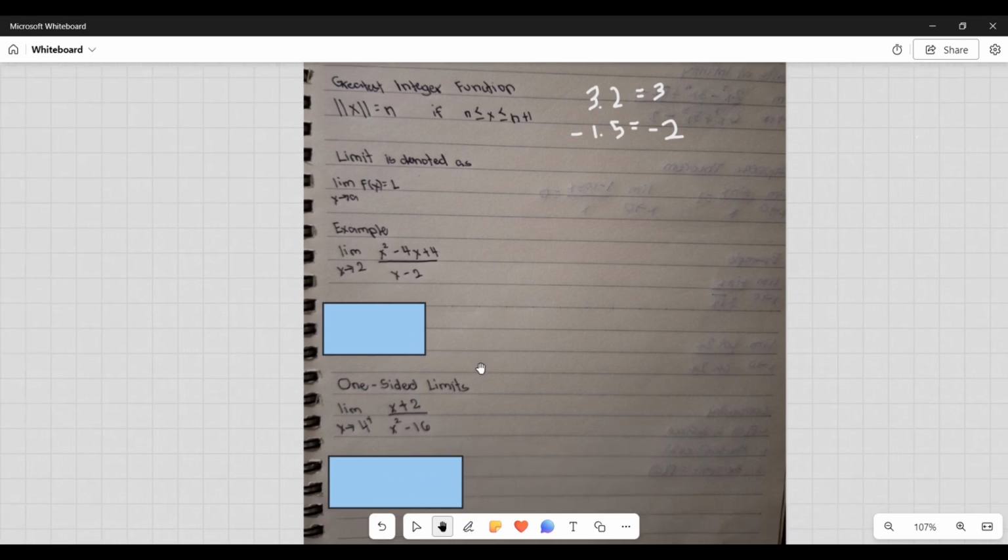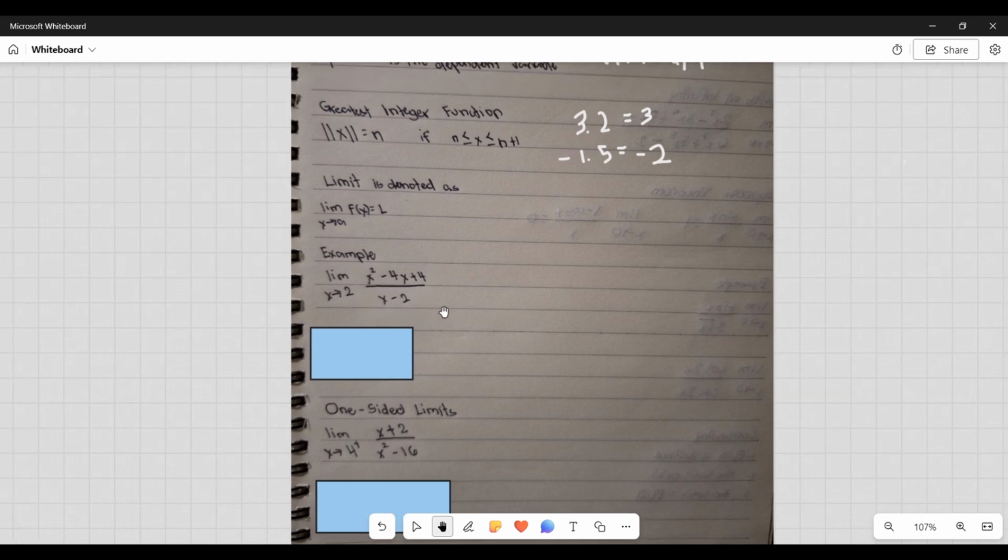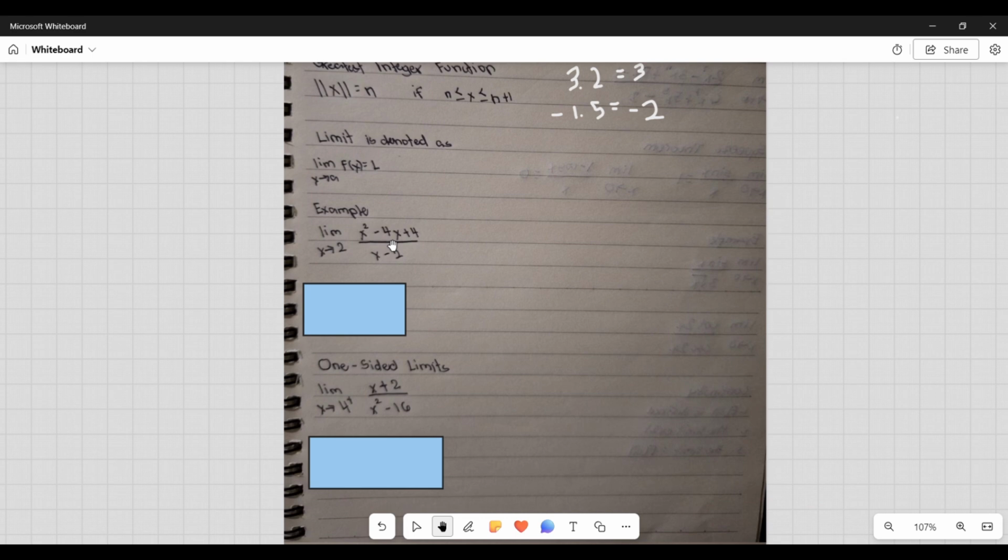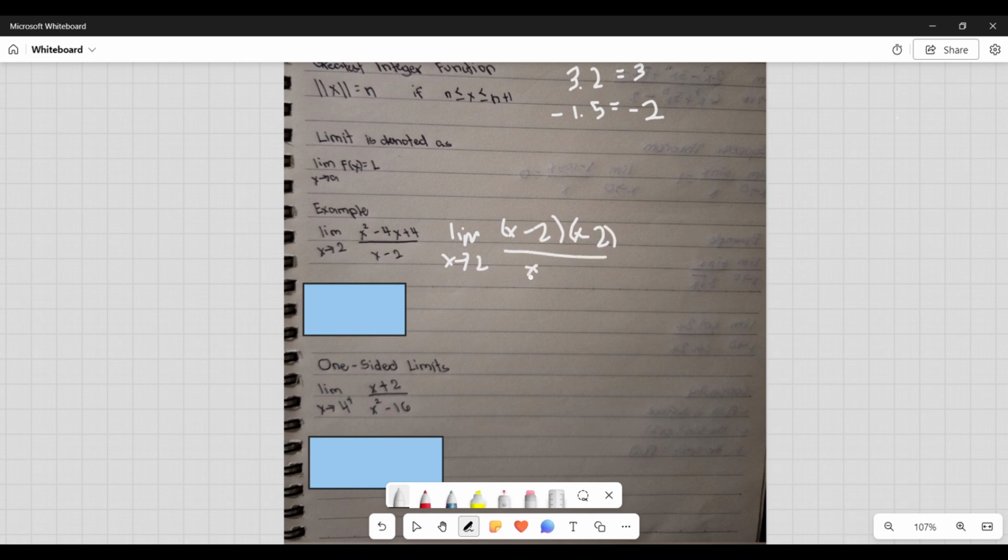What we can do here is we can see that if we directly substitute x as it approaches 2, the denominator will turn out to be 0, which will be undefined, and we cannot have an undefined limit, or it will not exist. So what we'll do here is factor the numerator, then we can cancel. That will give us the limit as x approaches 2 of x minus 2 times x minus 2 over x minus 2.